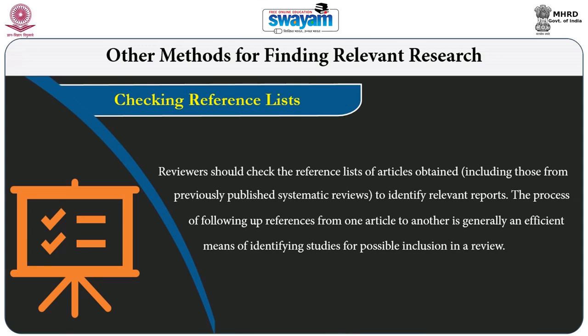Also, it's sometimes better to go for review articles, because review articles are basically a review of other literature already published in that specific subject area. So you can look for review articles and check from them the articles that are relevant to your research question.